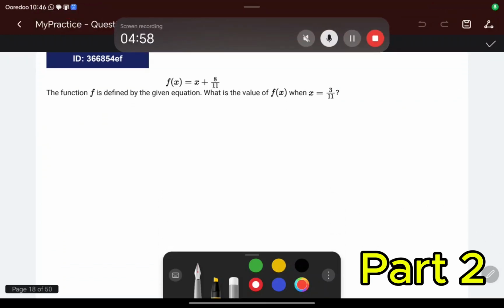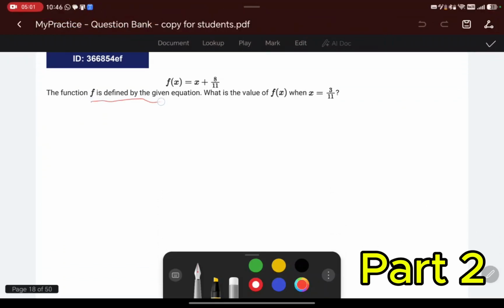Now the function f is defined by the given equation. What is f of x when x is equal to 3 over 11? For this equation, f of 3 over 11 means 3 over 11 plus 8 over 11.